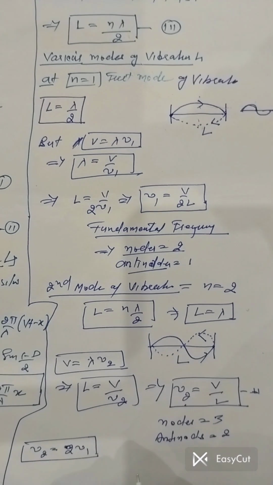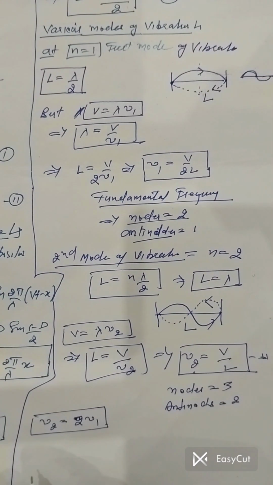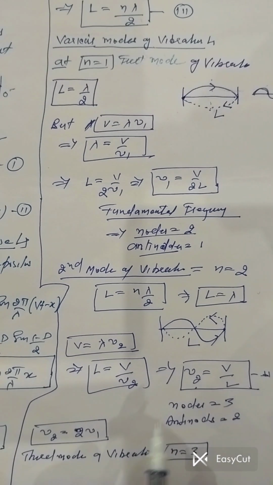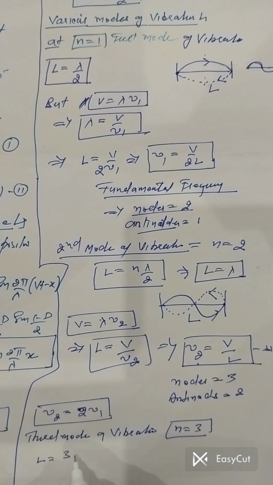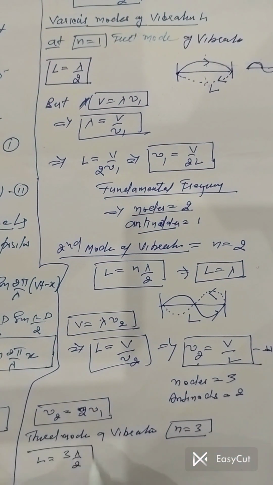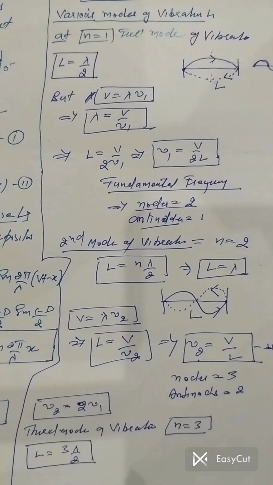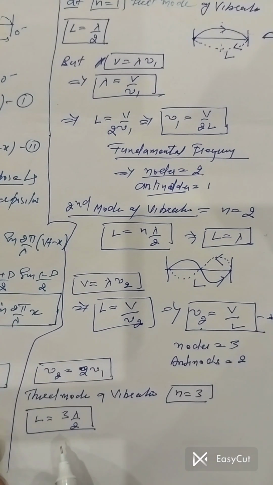Okay. So in the third mode of vibration, means we will put n is equal to 3 in this basic equation. So L is equal to 3 lambda upon 2. So it is clear that in the third mode of vibration, the complete length will have 1.5 wavelength.